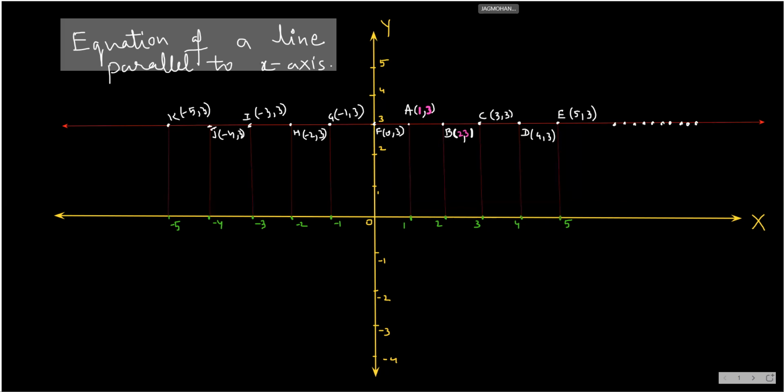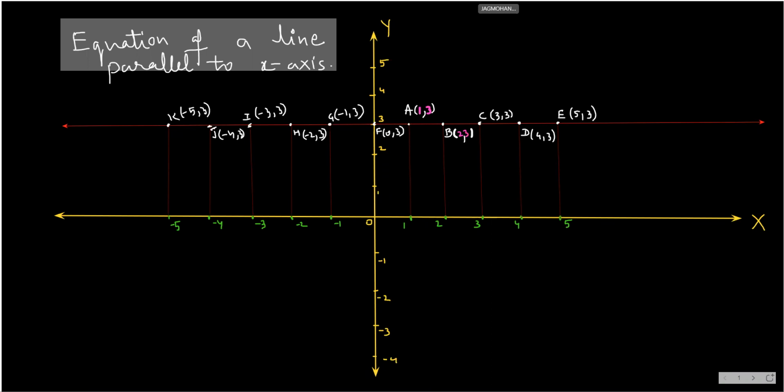So one characteristic that this line satisfies is that all the points have the same y coordinate equal to 3.